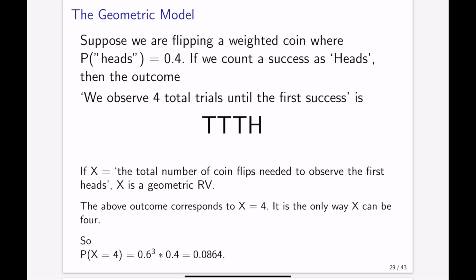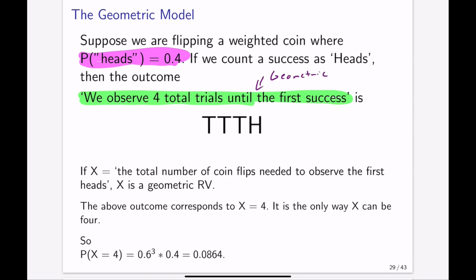So, for example, suppose we had a coin that wasn't fair and it had a probability of heads of 40%. And suppose we were looking at the outcome of heads as being a success. Then if we were to talk about the count of the total number of trials until we see our first success, that is a geometric count.